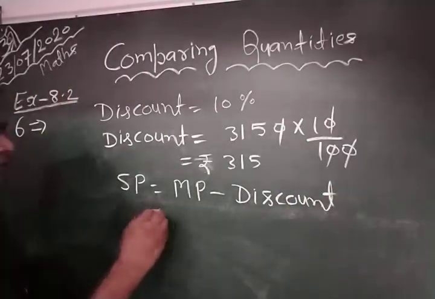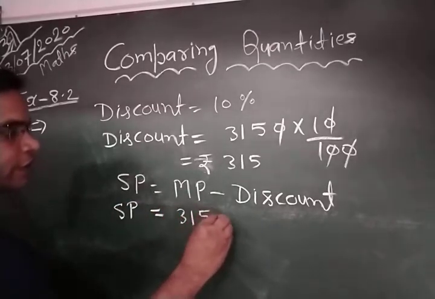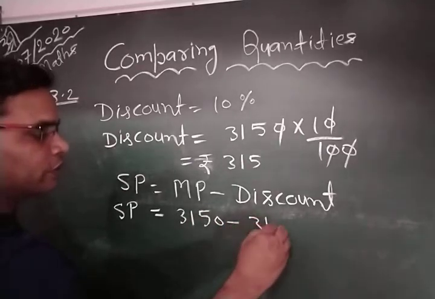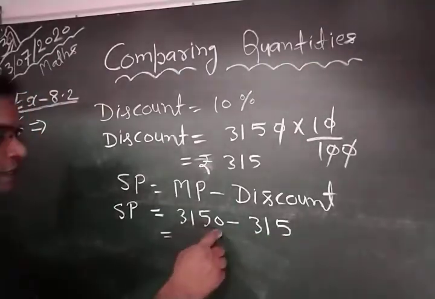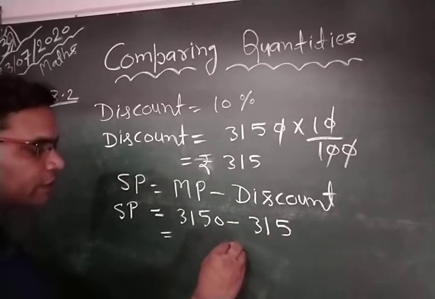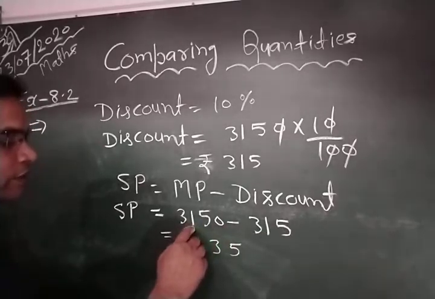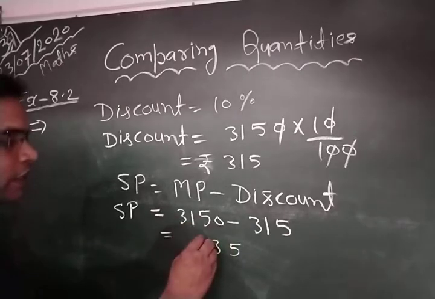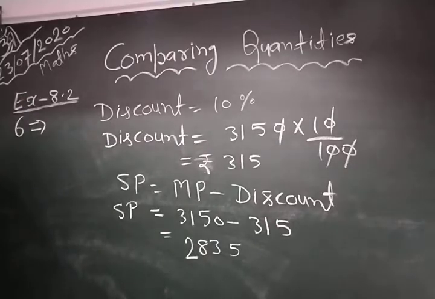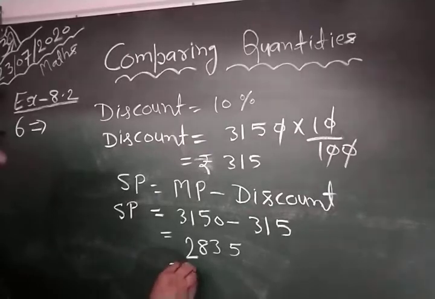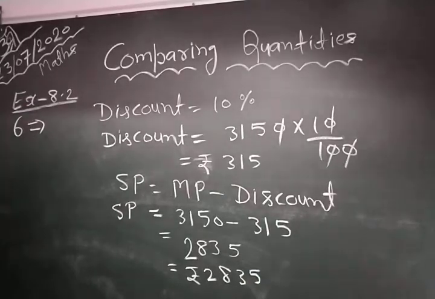So selling price is equal to 3150 rupees minus discount, 315. 0 minus 5 is equal to 5, this is 4, here it will become 3, and here 1, so it becomes 11, 11 minus 8, here 2. This is 2,835 rupees. Clear?